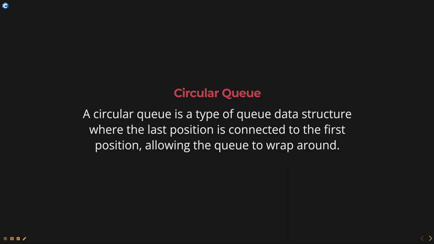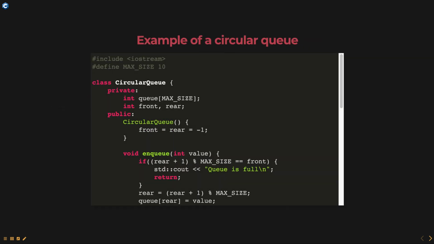Here is a simple example of how a circular queue can be implemented in C++. This program implements a circular queue with a fixed size of 10 elements.